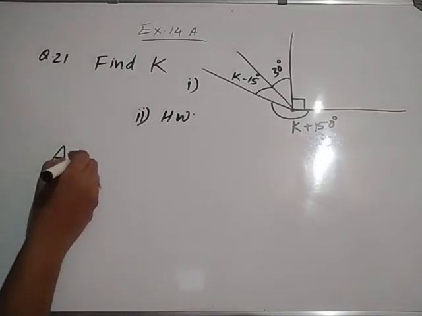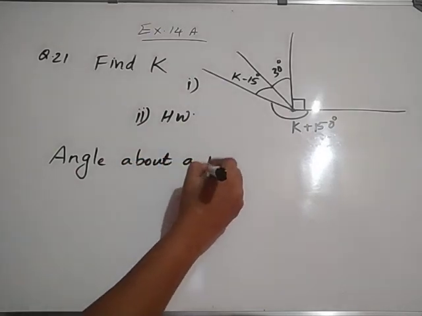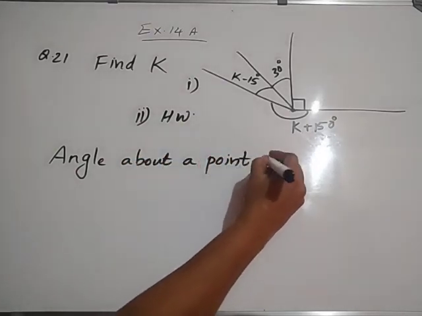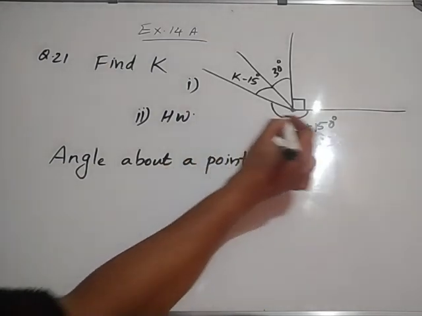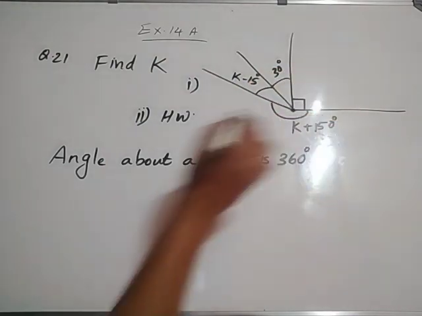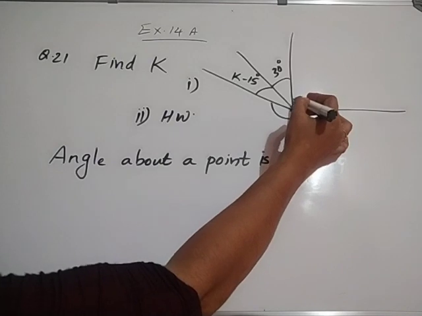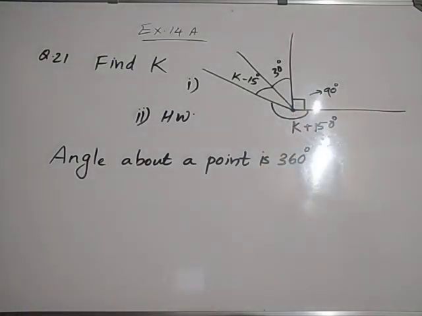We use that to find this value of k. Angle about a point is 360 degrees. Now, angle about a point, this is the particular point. You can see 1, 2, 3, 4 angles and this mark shows it is 90 degrees. Now, add the angles and we can equate the sum to 360 degrees.